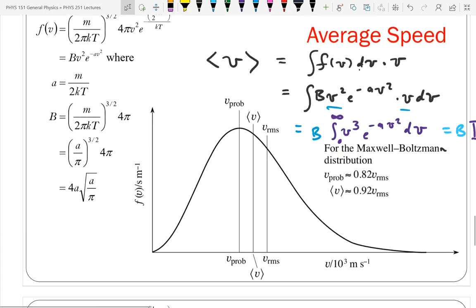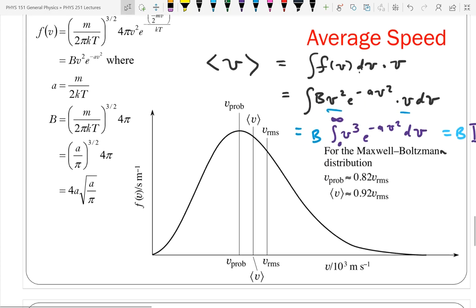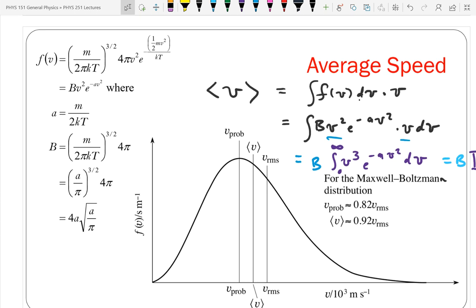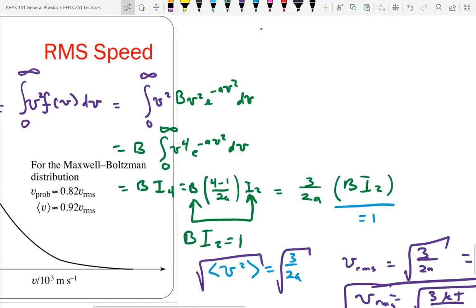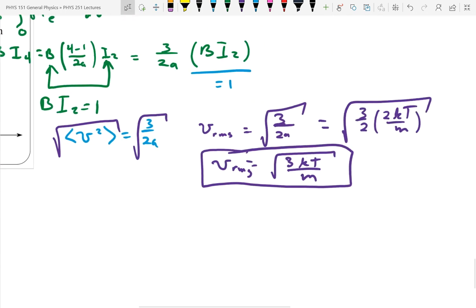Wait, so both things that we just did should equal the same thing? We got the RMS speed. Yeah. And that should equal the 3 over 2a. Or no, not that, but the square root of 3. That makes sense. But then you were saying that needs to also equal the same thing as what we did up top? No, what we did in class on, I think it was Friday last week.